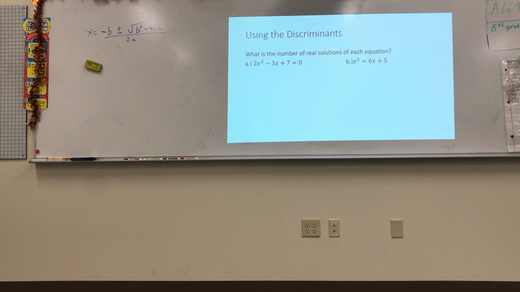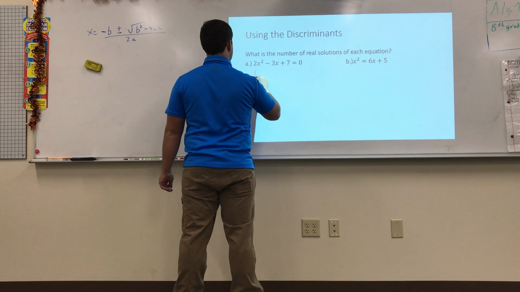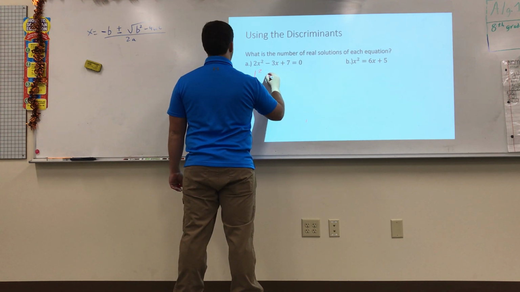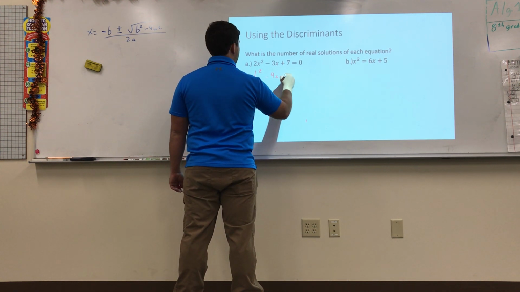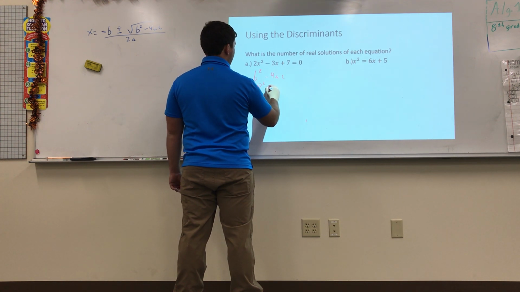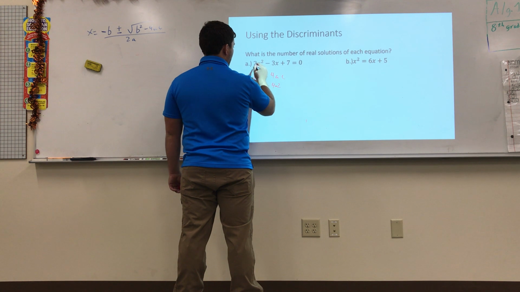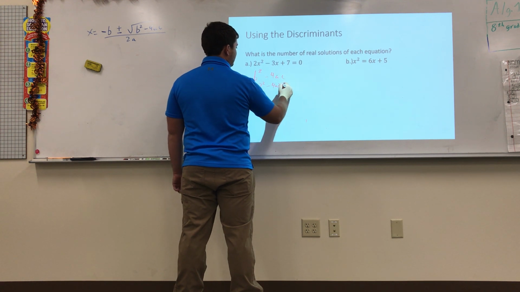Okay, so right here we would take b to the second minus 4ac. Well, b is negative 3. Square that, minus 4 times a, which is 2, times 7.